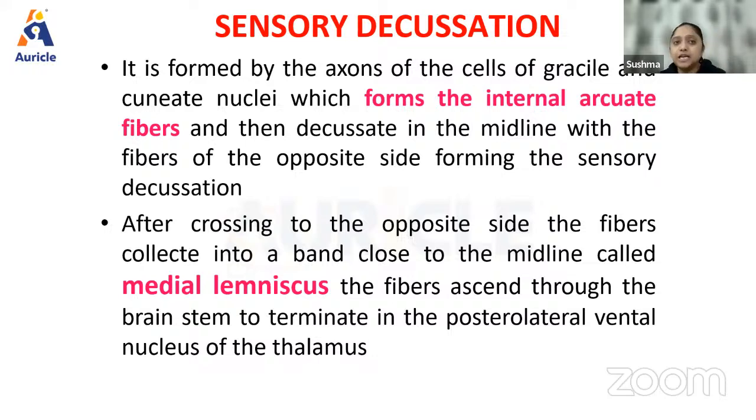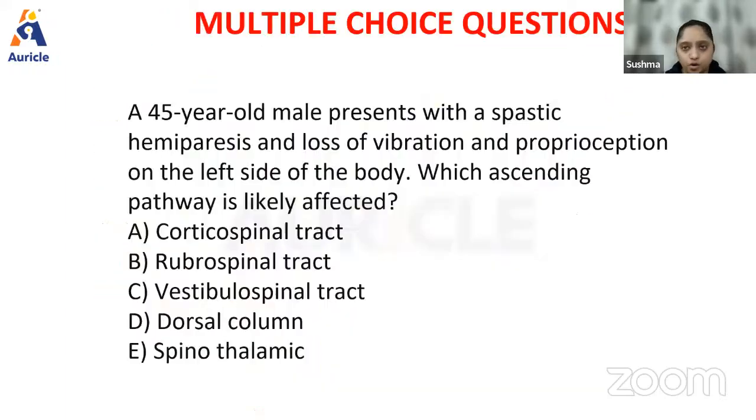All of these lemnisci are formed only after the fibers are crossed over to the opposite side. You take any lemniscus, spinal lemniscus, medial lemniscus, lateral lemniscus, whenever you hear the word lemniscus, they are an example of second order neurons, and all of these are formed only after the fibers have crossed over to the opposite side. Once the internal arcuate fibers cross over to the opposite side, then they form the medial lemniscus, which enter the thalamus. Okay, they are the second order neurons.